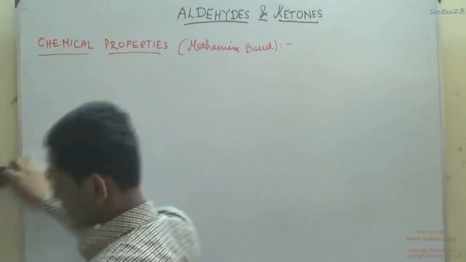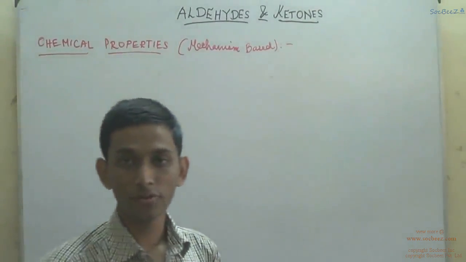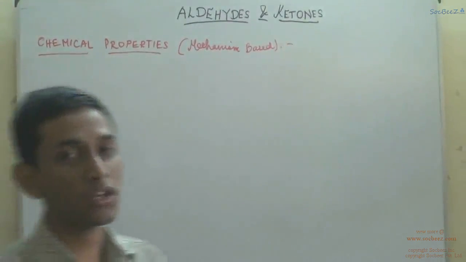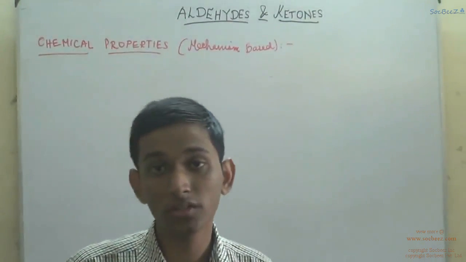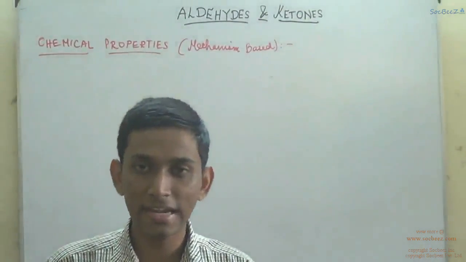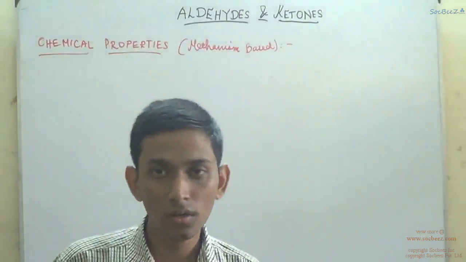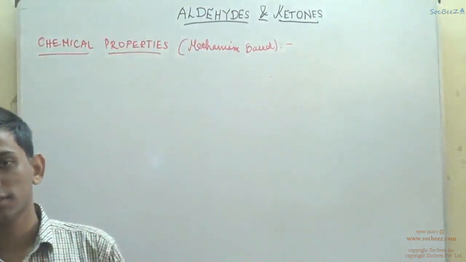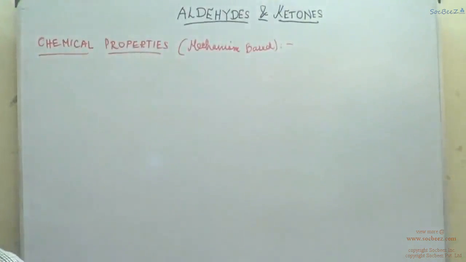Now a few other oxidation reactions I will tell. If you treat it with alkaline KMnO4 or acidified KMnO4 or acidified K2Cr2O7 or even concentrated nitric acid, any aldehydes or ketones will directly give you acids, that is carboxylic acids, as the products.